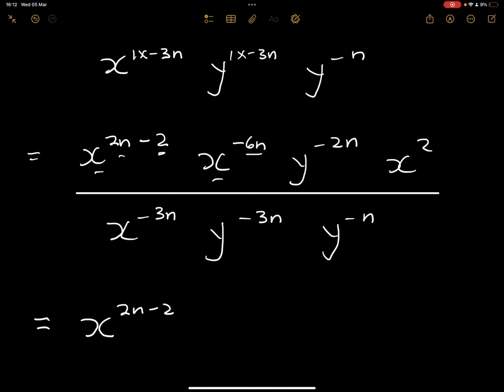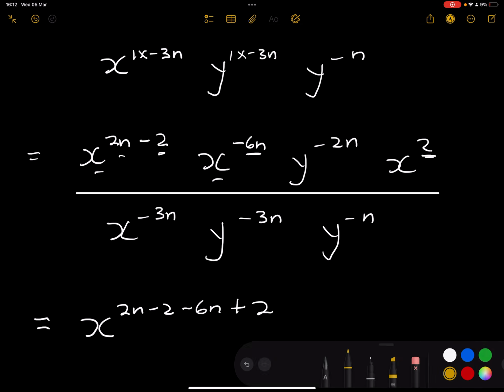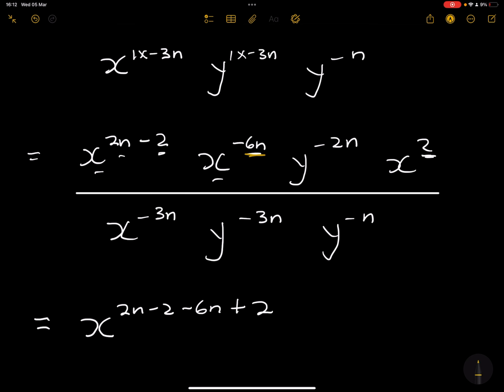That's minus 6n, and we are going to add the 2 again over there, right? So I want you to see it nicely. I'm taking that minus 6n, taking that plus 2, and I've added them there.